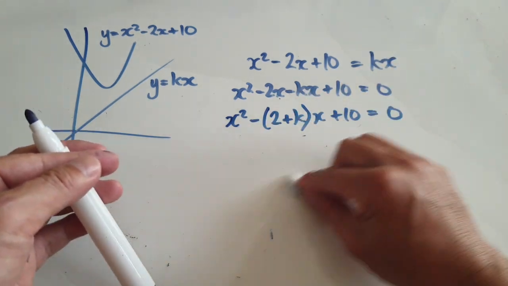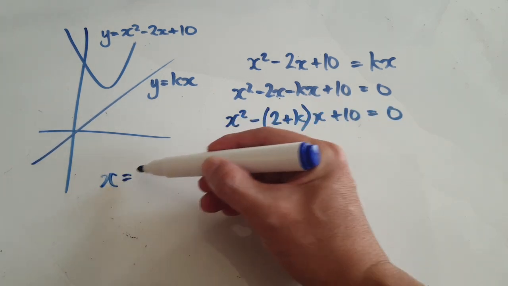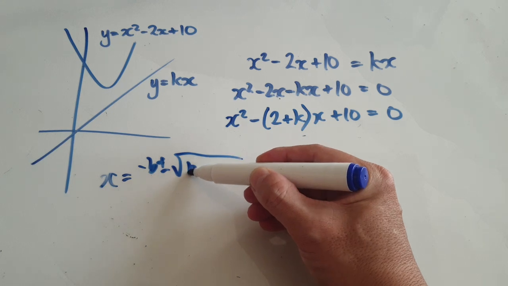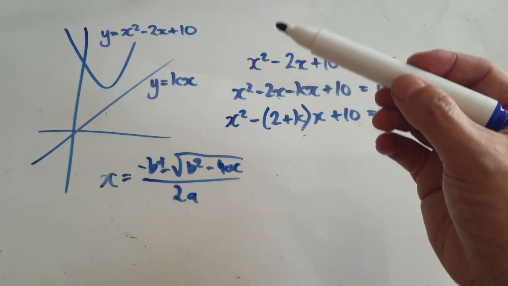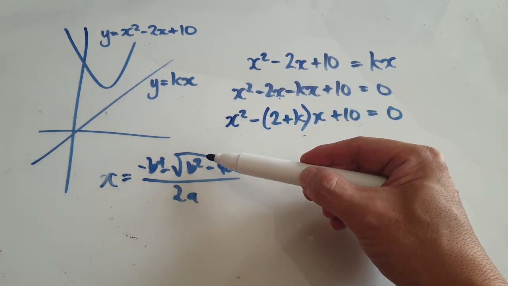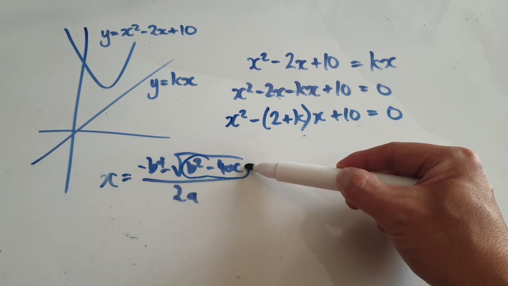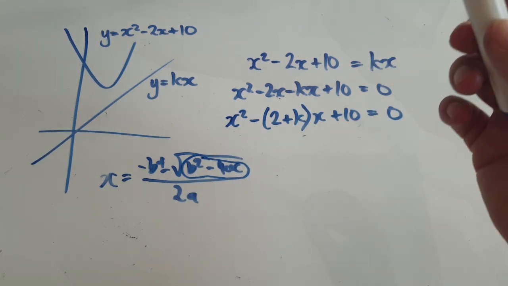So going back to the quadratic equation, remember the quadratic equation: x equals minus b plus minus the square root of b squared minus 4ac, all over 2a. If we only want one solution, and I'm expecting you to know that, we need to demand that this thing here equals 0, then there will be one solution.